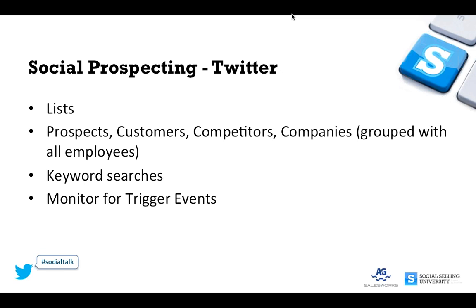The way I break it down is I'll have lists for my prospects. I have lists for customers. I have lists for my competitors. And one of my favorite things to do is to group all the Twitter users that I find into one list for that company. What that does is give me the ability to really see what's being said throughout the company, whether it be the C-level, VP levels, or even just some of your network admins and so forth.